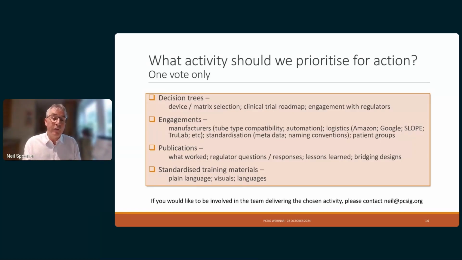And so the fourth thing to vote on is, should we be developing standardized training materials, whether that be written or video or other formats, developing them so that other people can use them, things that are in plain language, plenty of visuals, and in lots of different languages. So they're the things we're going to ask you to vote on.